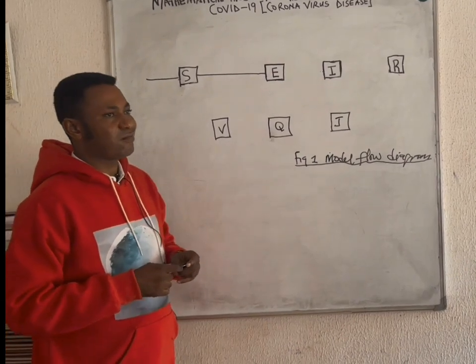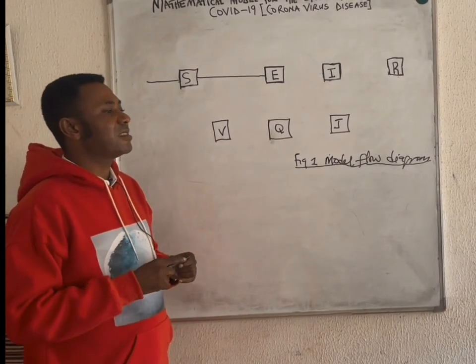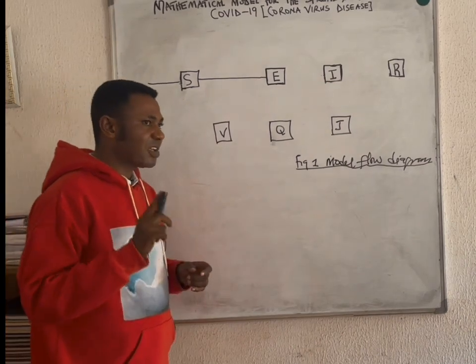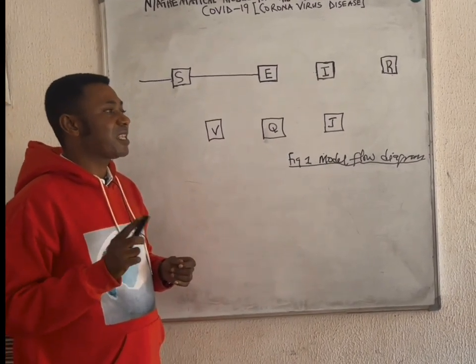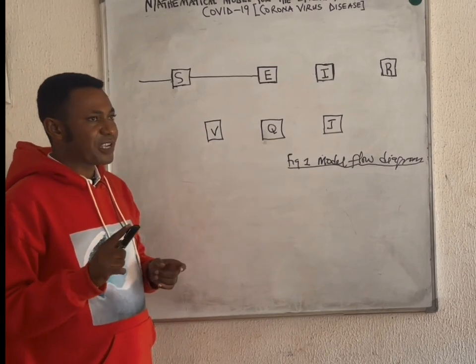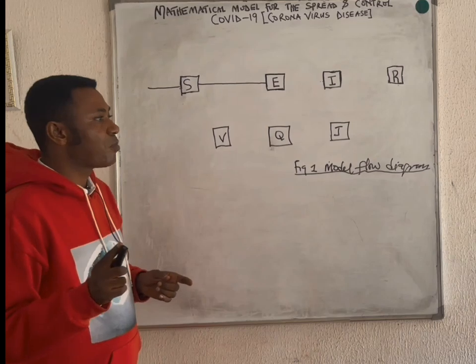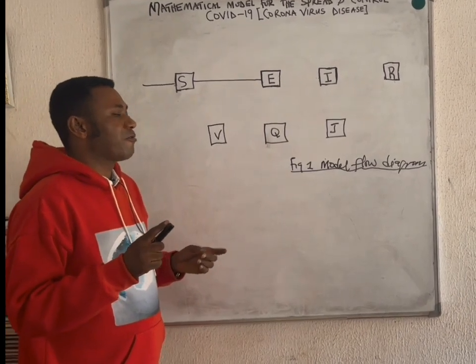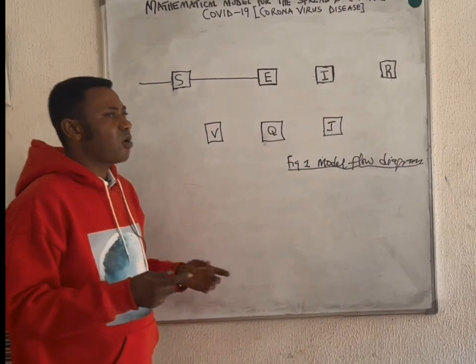But before then, what is COVID-19? As you all know, COVID-19 is a respiratory disease that is majorly transmitted via respiratory droplets. And these droplets could be in form of when an infected person sneezes, talks, or even coughs.